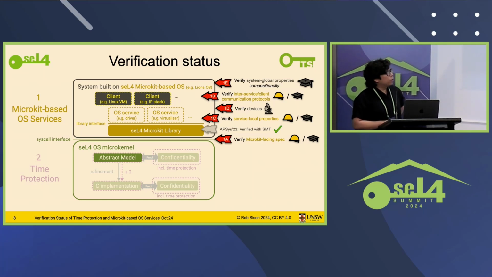So for functional correctness, we have an honors student in the audience, Matthew here, who's looking at ways to compose specifications of communicating processes on top of seL4, on top of a generic kernel. But there's plenty of research to do here, especially if we want to extend our ambitions to security properties.